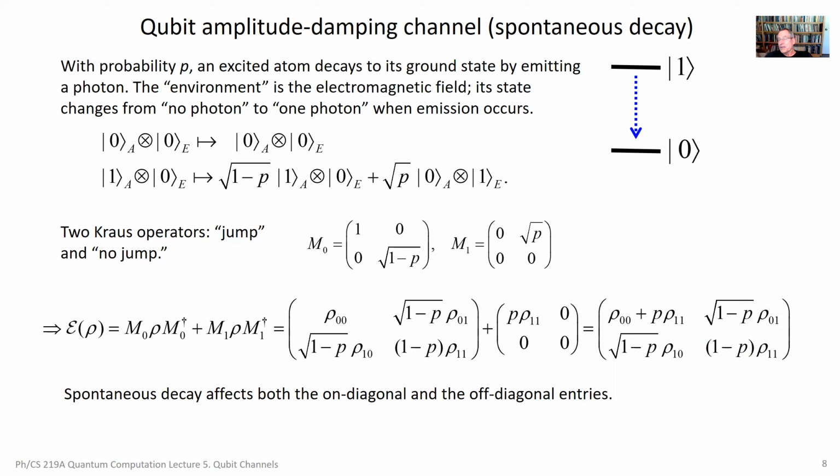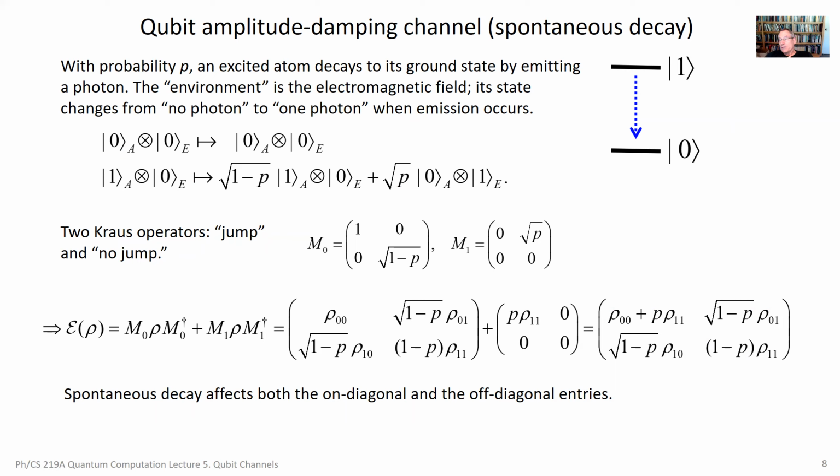So the process by which the qubit can change is one in which we start out in the excited state, a photon is emitted, and a transition is made to the ground state. So in the language we've been using, our atom is interacting with an environment. The environment is the electromagnetic field.